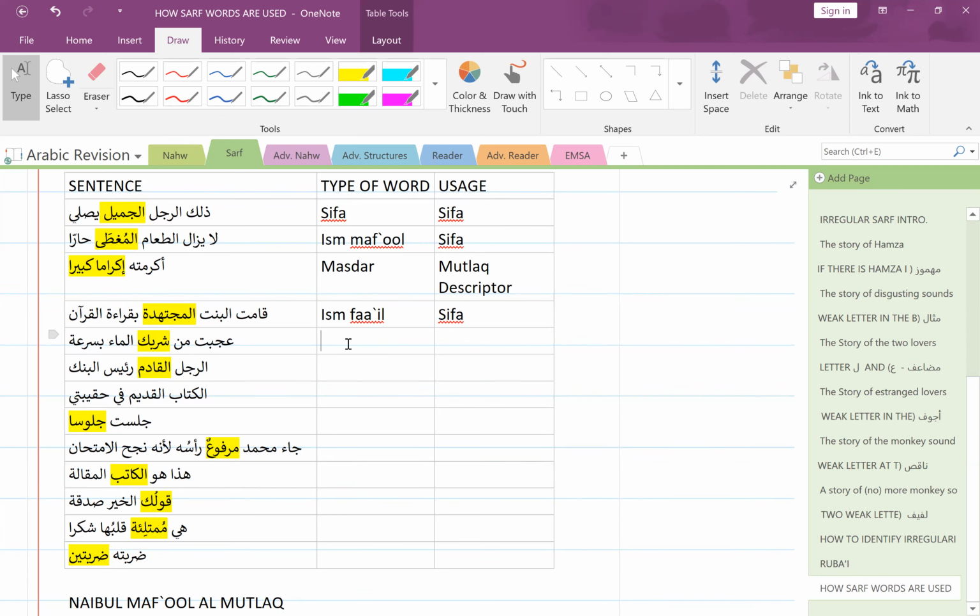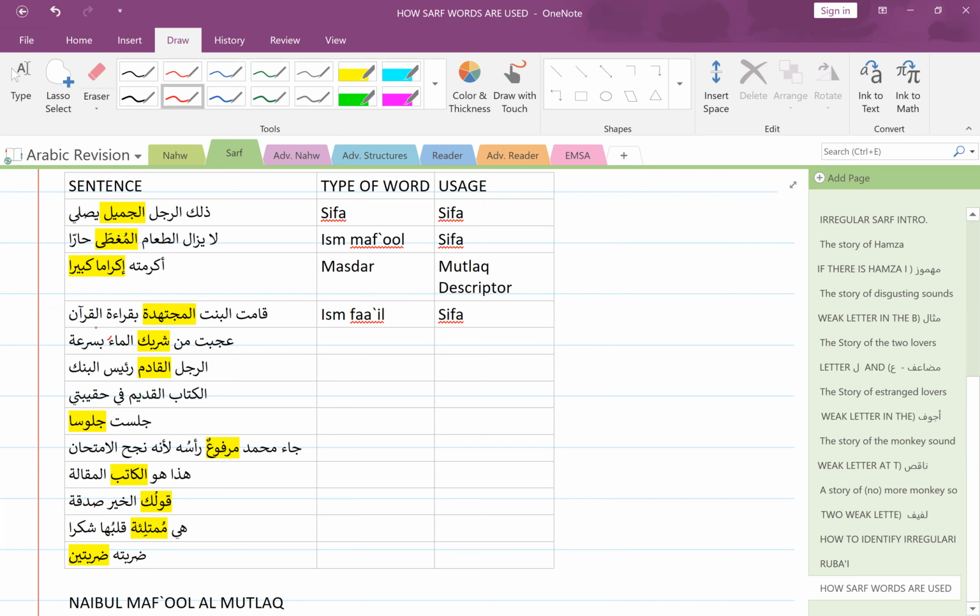Oh, okay. I was wondering, what did I write here? عجبت من شربك الماء بسرعة. Can we translate that one? Oh, قامت البنت. Okay. So the mujtahida is somebody who works hard. So the girl, hardworking.